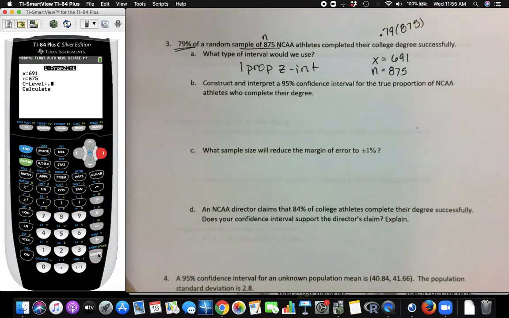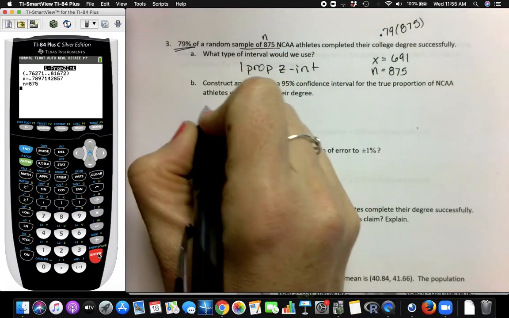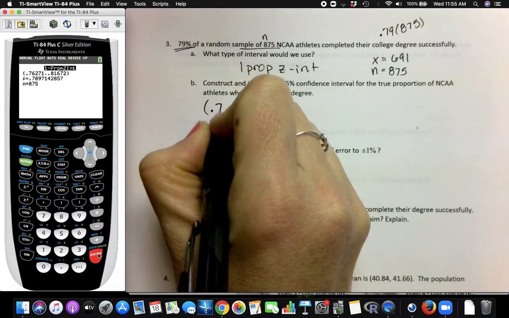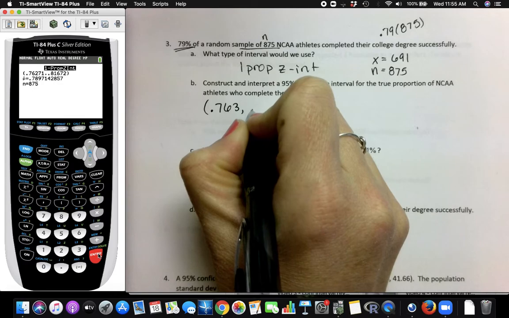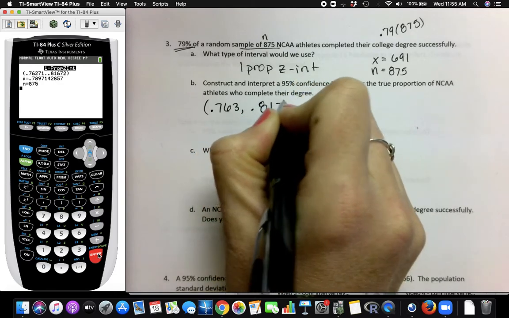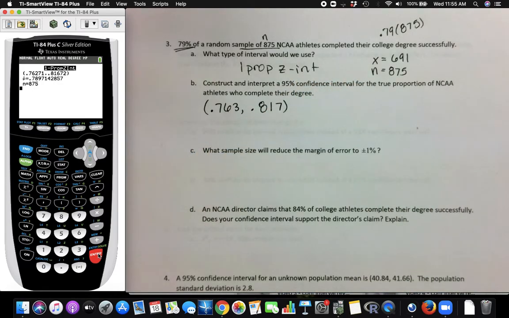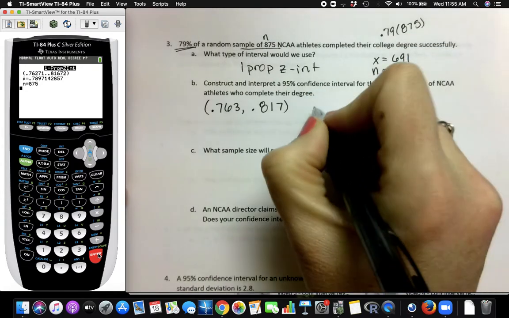It wants us to do a 95% confidence interval. So here is our interval. Okay, so I've got 0.763, 0.817. So we're looking at about 76.3 to 81.7%.